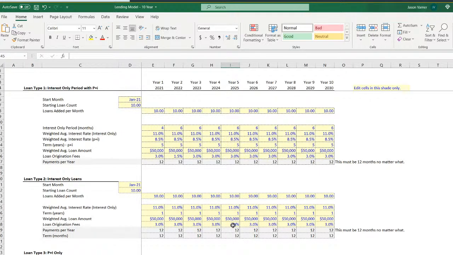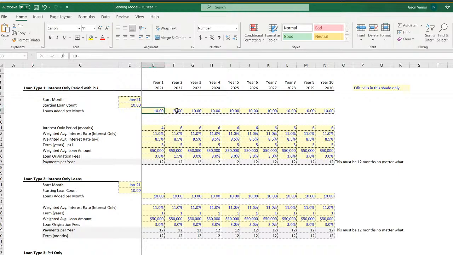It's a model to plan out, if you're lending money to people or if you're essentially a startup bank, the capital requirements to lend out money loans over time with different metrics. I did 3 different loan types. You can do interest only with a P&I period following, an interest only loan, or a P&I only loan.